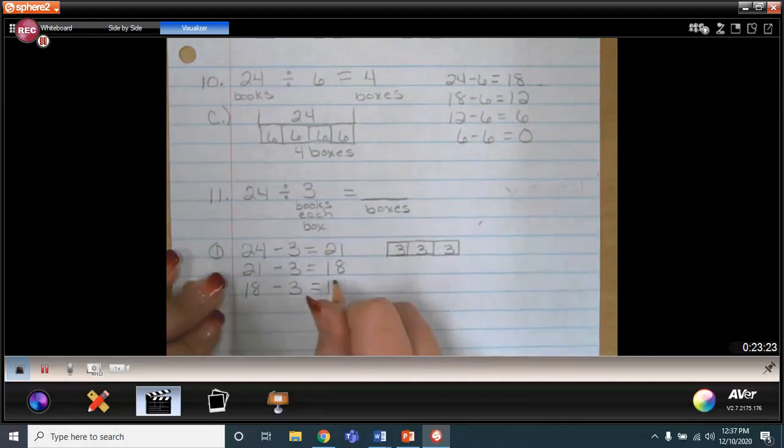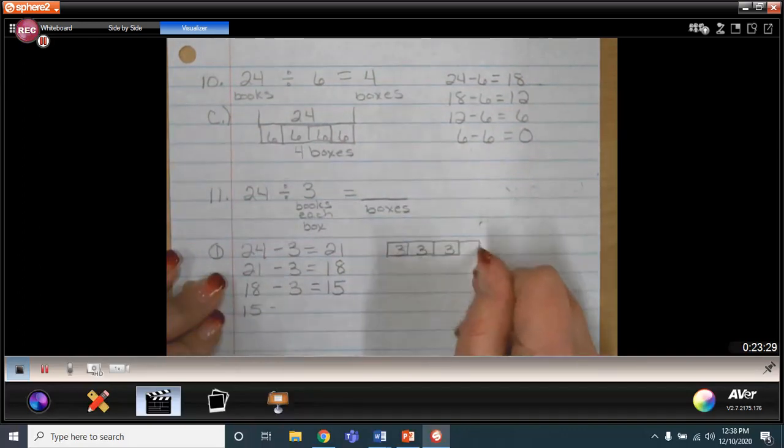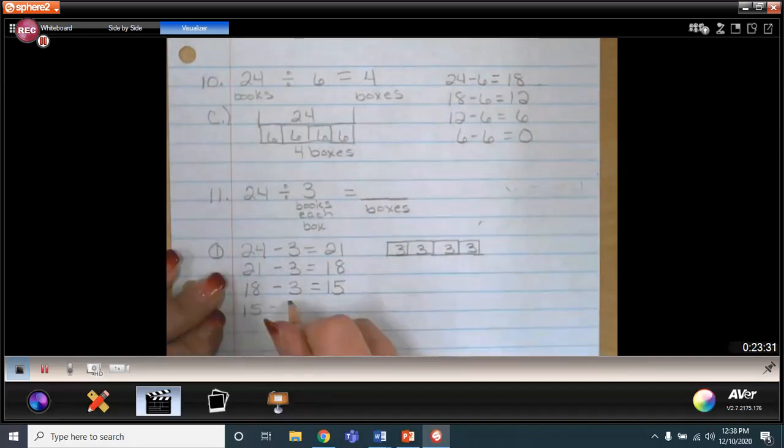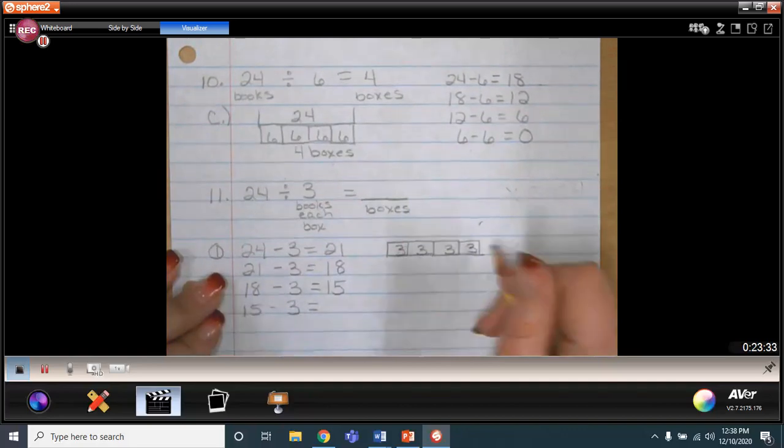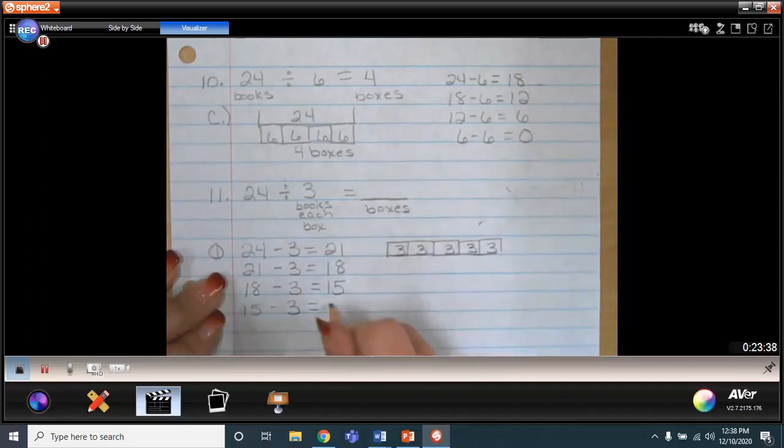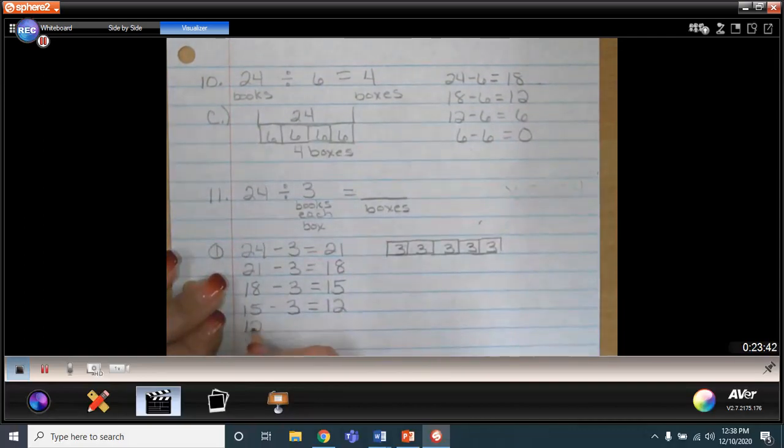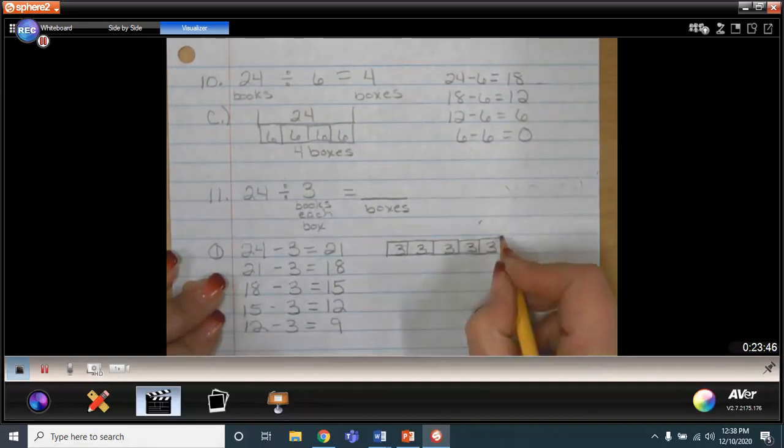Now I'm at 15. Take 15 and take away another 3. Now I'm at 12. Take 12, put another 3. Now I'm at 9.